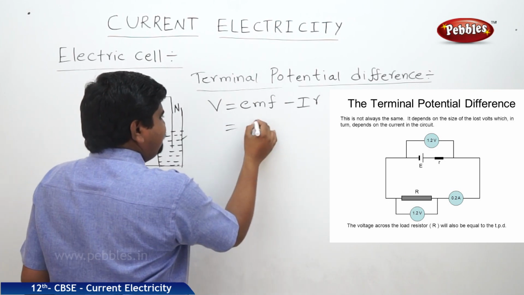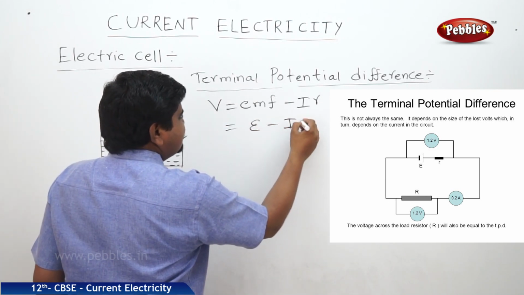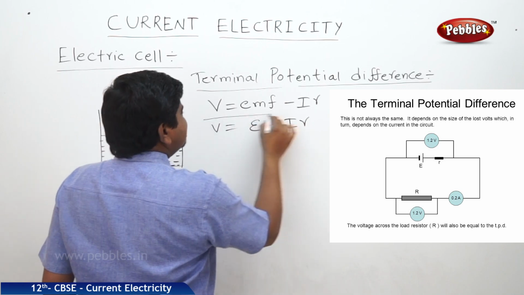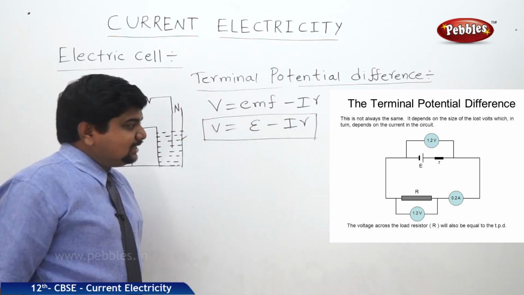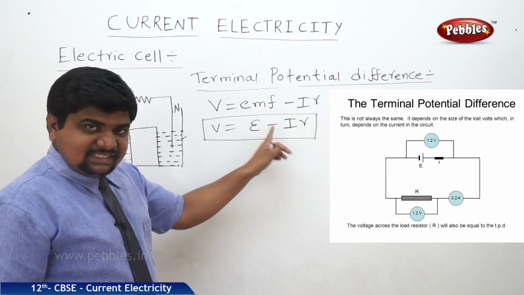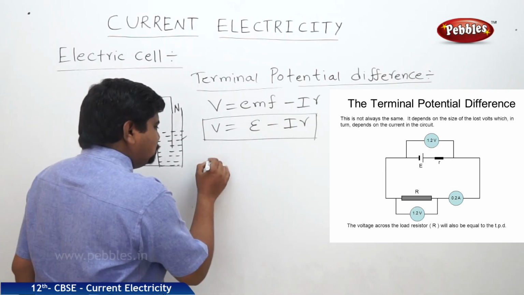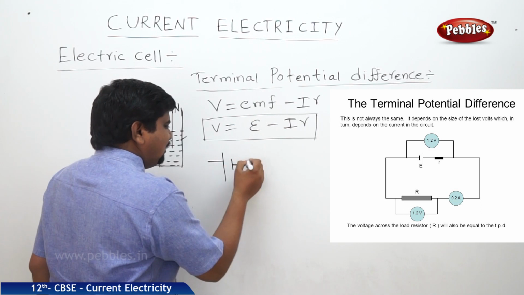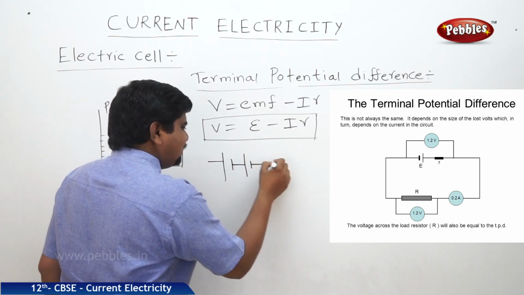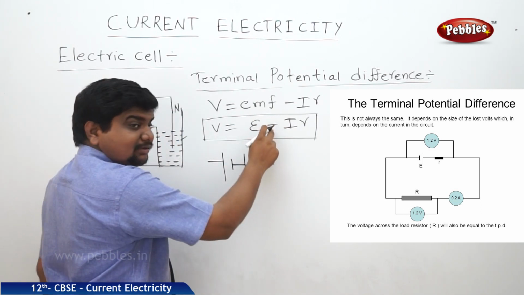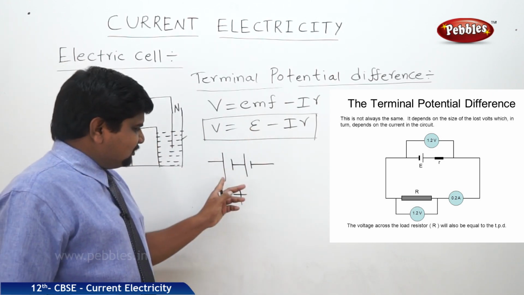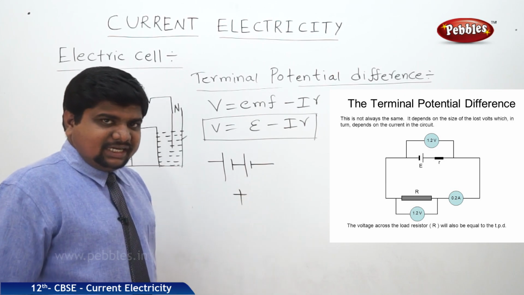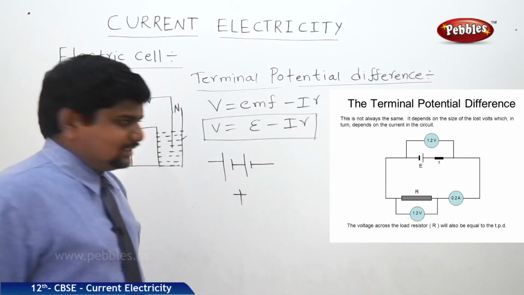The symbol of EMF is E, so V equals E minus Ir. This is the terminal potential difference of a cell. But there is a possibility for the change in this sign. Whenever two cells of opposite poles are connected like this, then the sign will be plus, because the charge transfers from positive to negative. It will be continued in the forward direction.